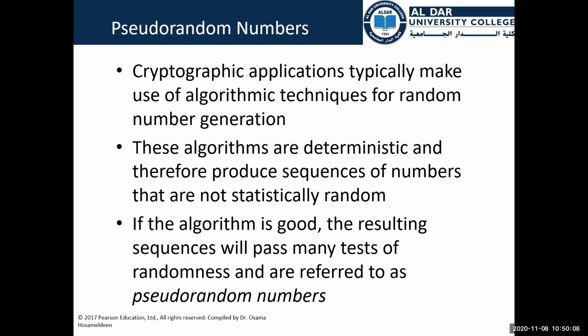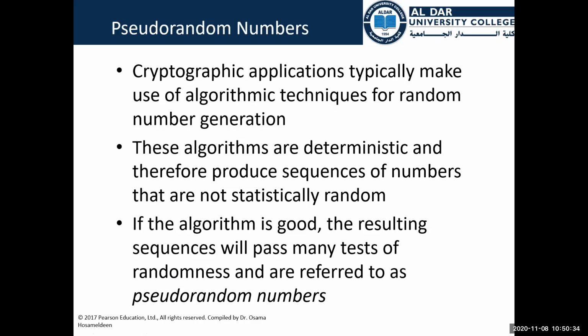I will tell you about them in the next slides. I will tell you how to skip the statistical properties of the deterministic algorithms. If the algorithm is good, the resulting sequences will pass many tests of randomness and are referred to as pseudo-random numbers.